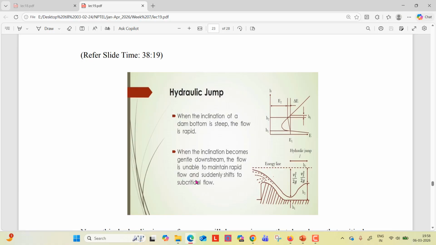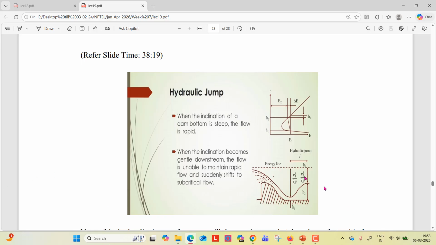If the slope of the dam is very steep, the hydraulic jump will not happen, because it will always be rapid. But if the downstream slope is very gentle and the flow is unable to maintain the rapid flow, it suddenly shifts to the subcritical flow, and it creates a jump.